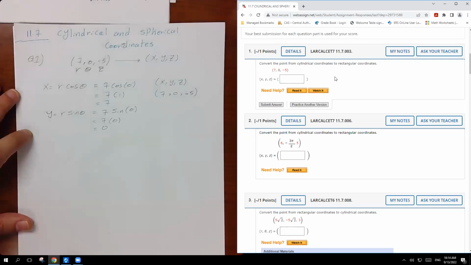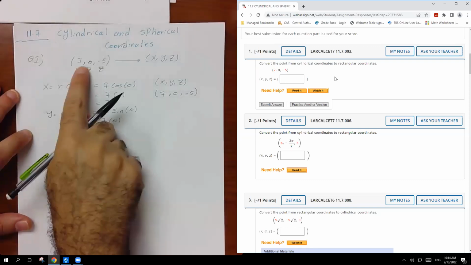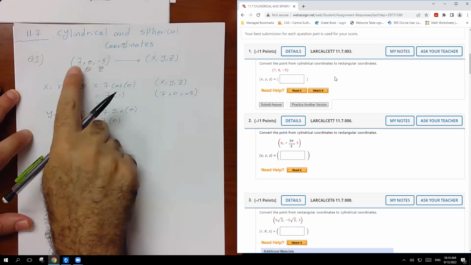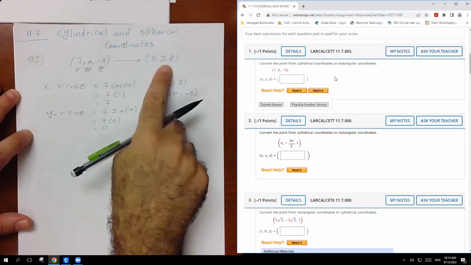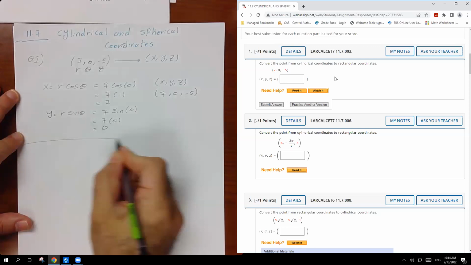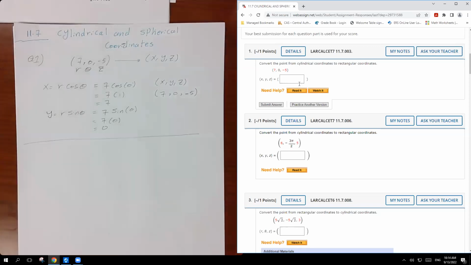So here's the point we converted from cylindrical to rectangular coordinates. That's it for the first one. So the point is 7, 0, and -5.